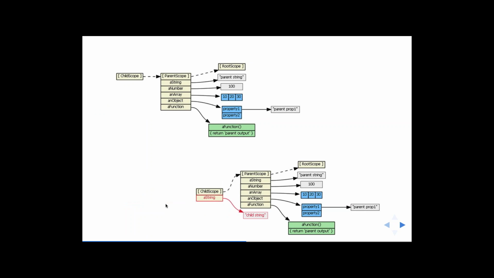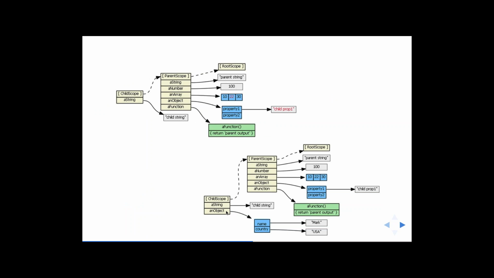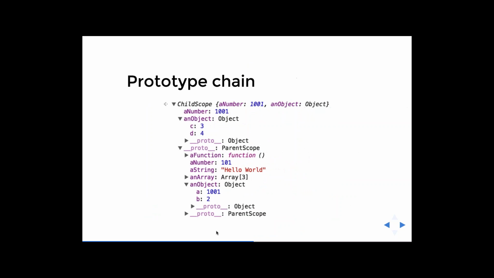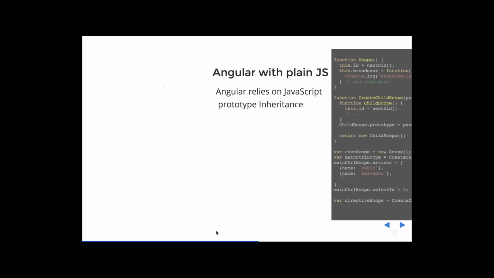But if we set it, it's overwriting the chain because it's going to create this value in the child scope. But if we create a new object, instead of going through the chain, it's going to create this object in the child scope. Again, this is how JavaScript works. It has nothing to do with AngularJS, okay? And this is the result. Good.